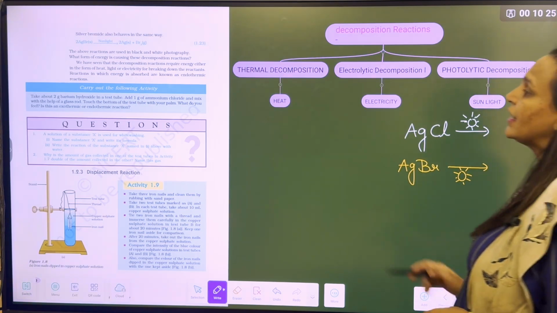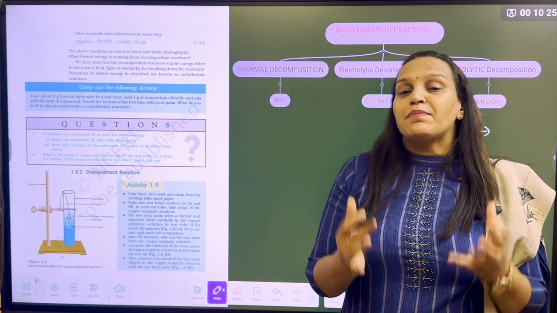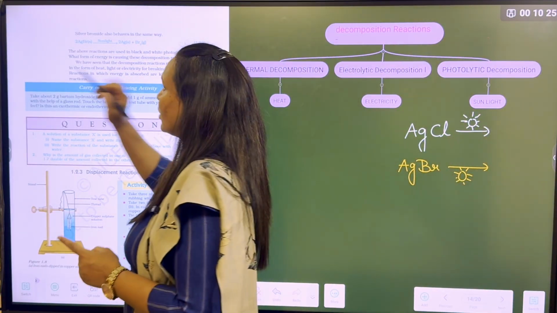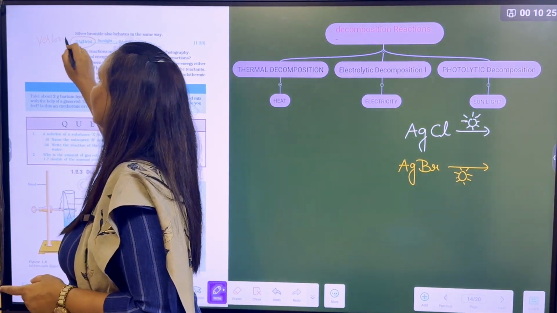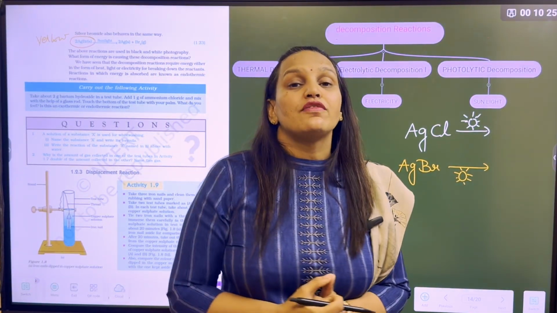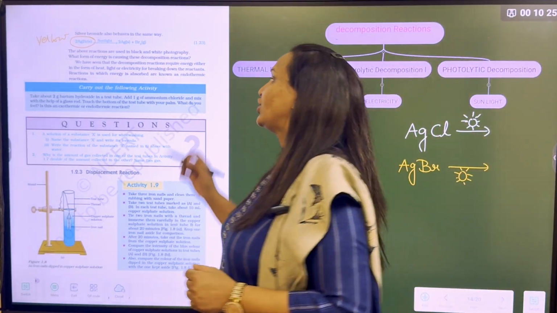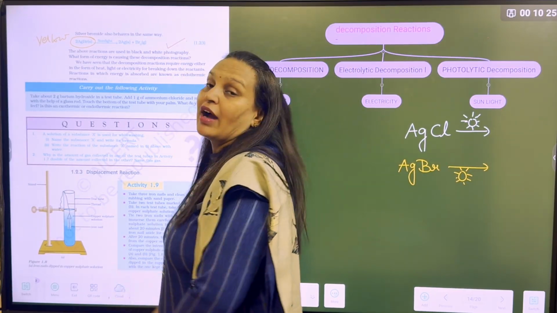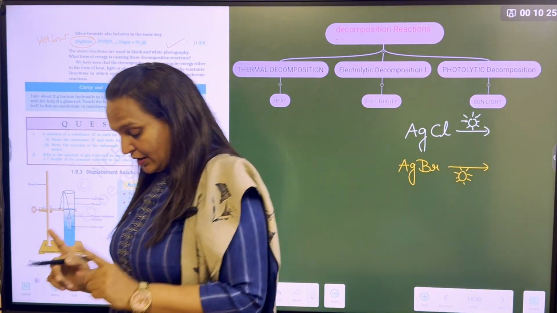And one more reaction, there was silver bromide, which gives you silver plus bromine, but the only difference is silver bromide itself is yellow in color. So the most important use of these reactions, silver chloride and silver bromide photolytic reactions, is in black and white photography.